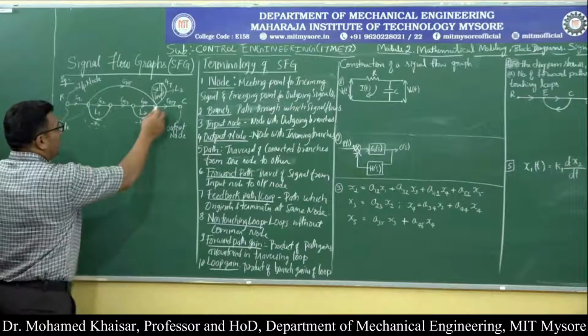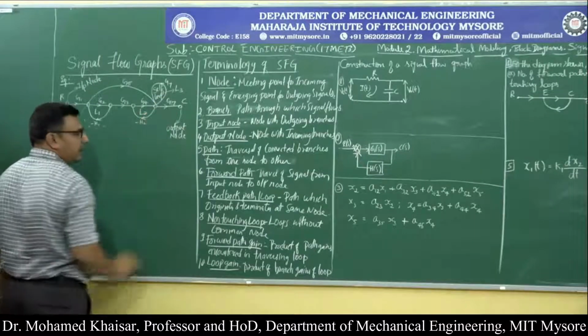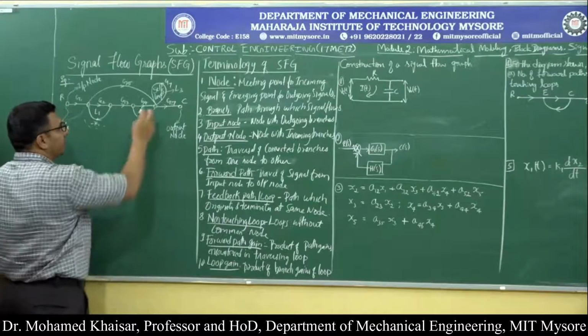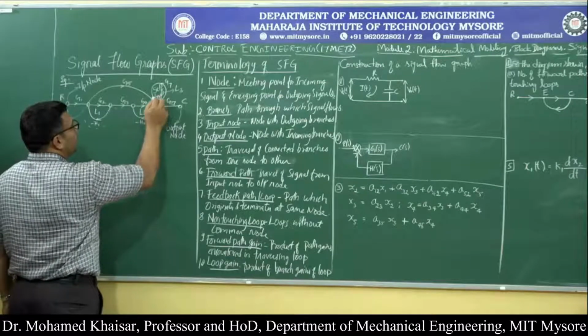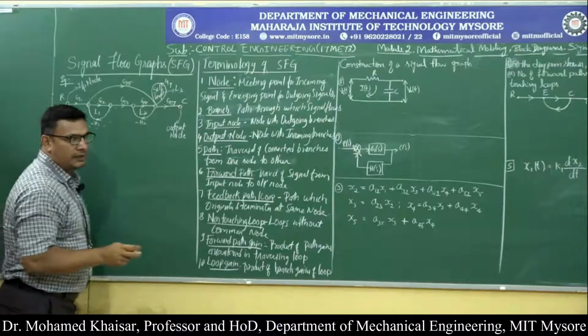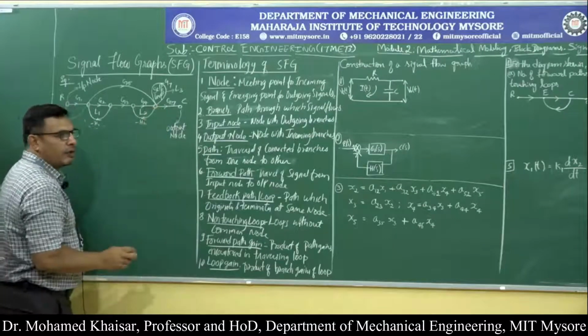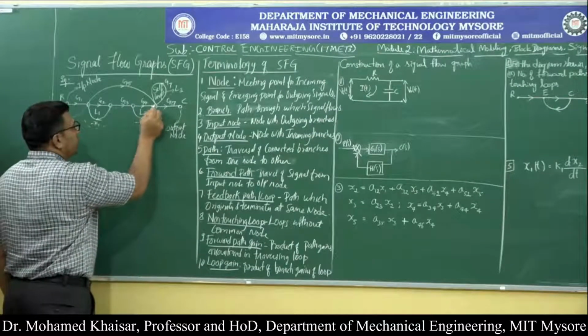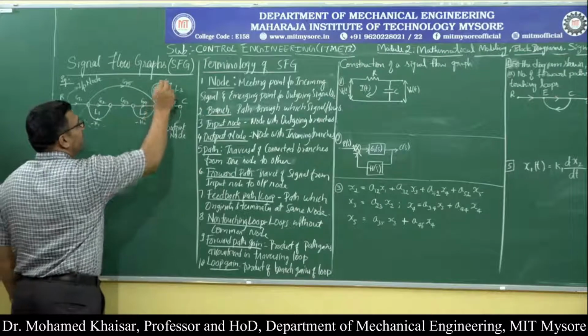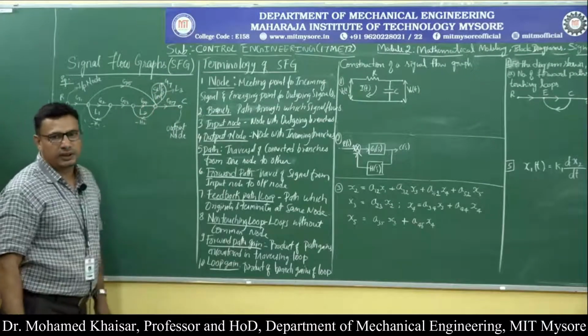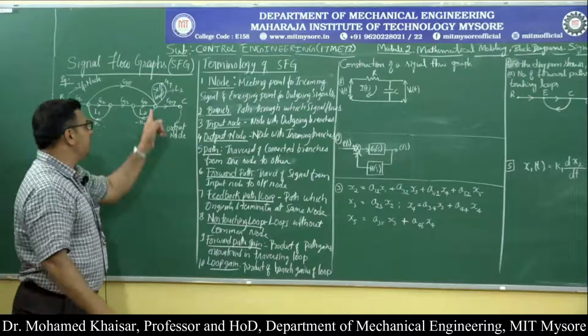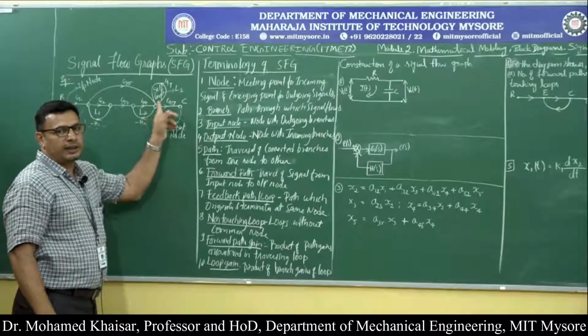Similarly, if you see this loop L2 and L3, is there any common node between them? Yes, this node is common. Why? Because L2 is also passing through this node, and L3 is also starting and terminating at the same node, because of which this node becomes common to L2 and L3.